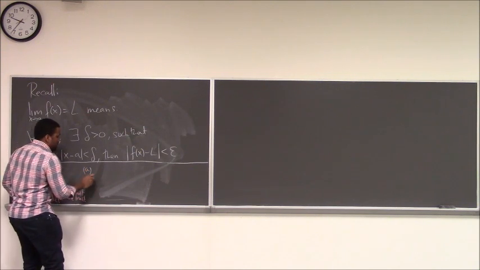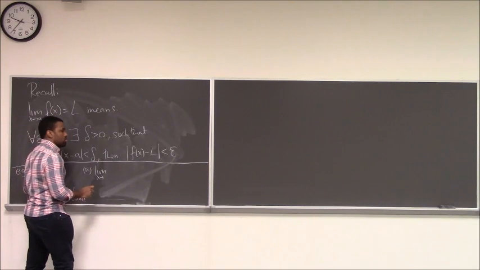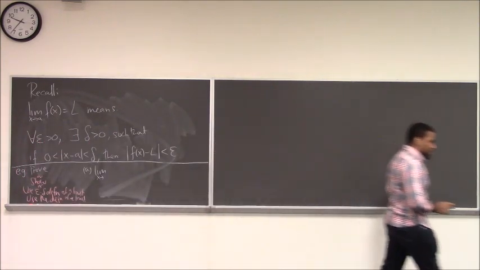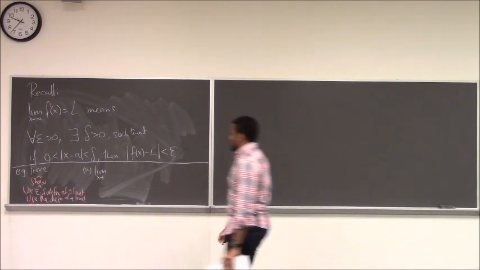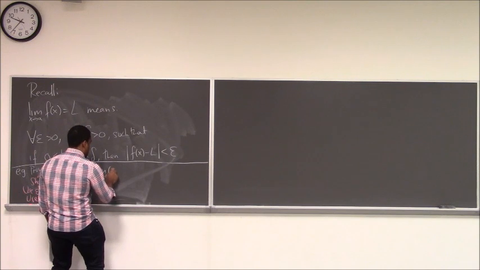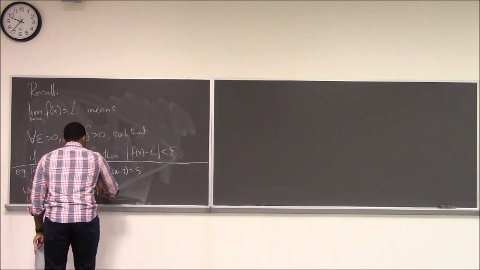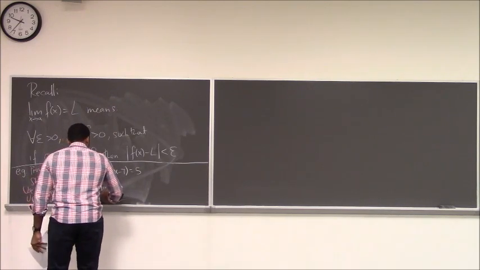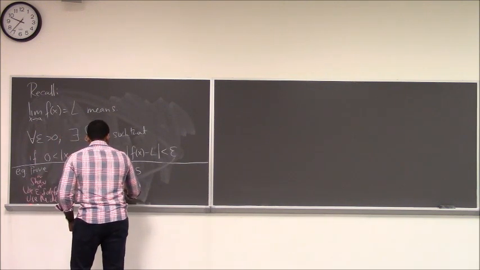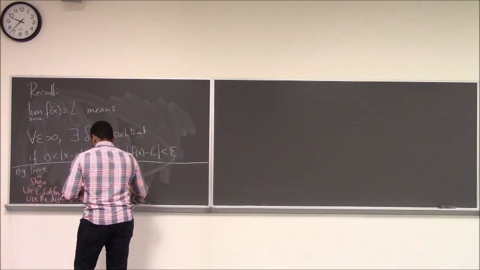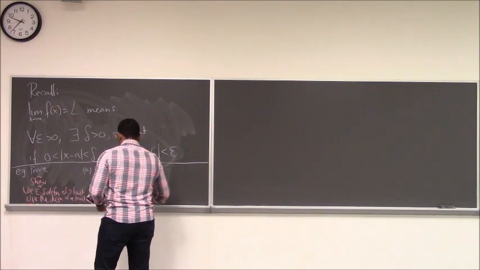And we had 3 examples. A: the limit as x approaches 4 of 3x minus 7 equals 5, for some random linear function. B: the limit as x approaches 3 over 2 of 4x squared minus 9 over 2x minus 3 equals 6.